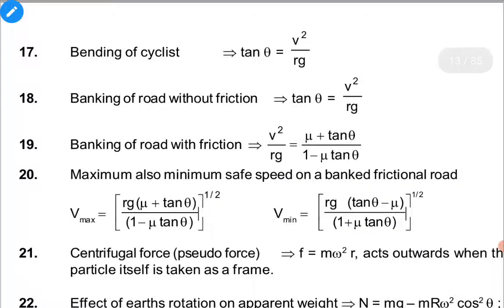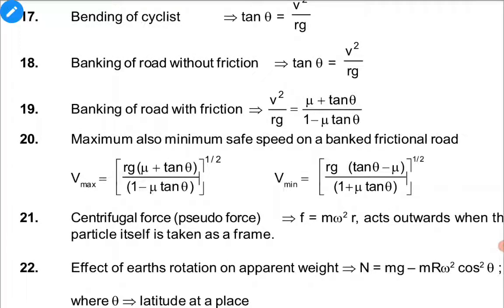In case of bending of a cyclist, tan theta equals v square upon rg, and in case of banking of road without friction, tan theta equals v square upon rg. Banking of road with friction, in this case v square upon rg equals mu plus tan theta upon 1 minus mu tan theta.